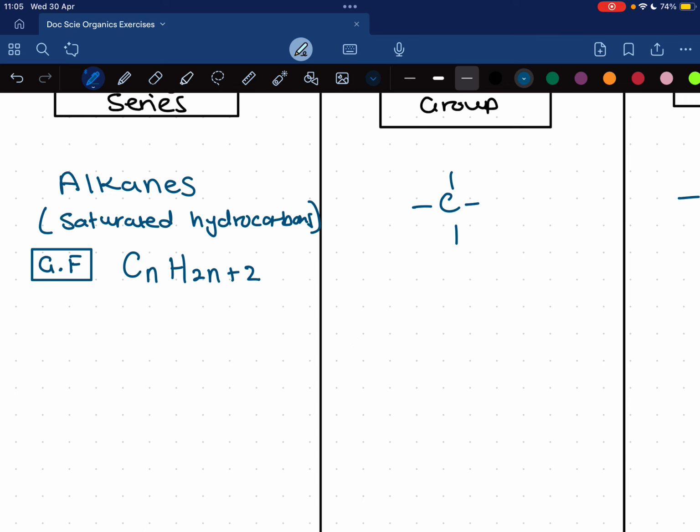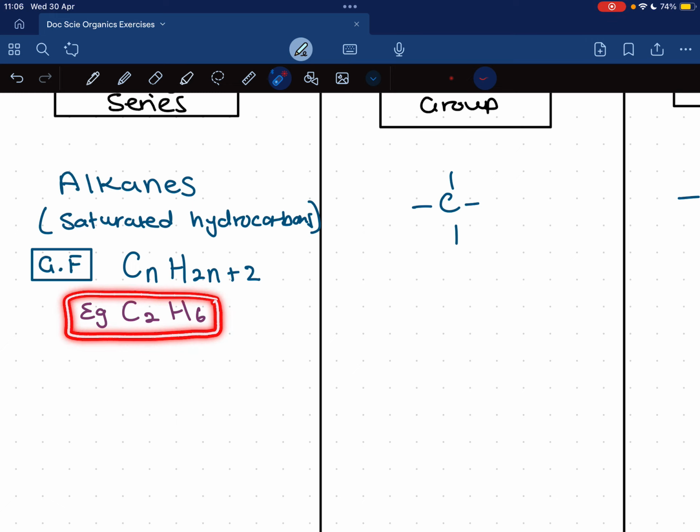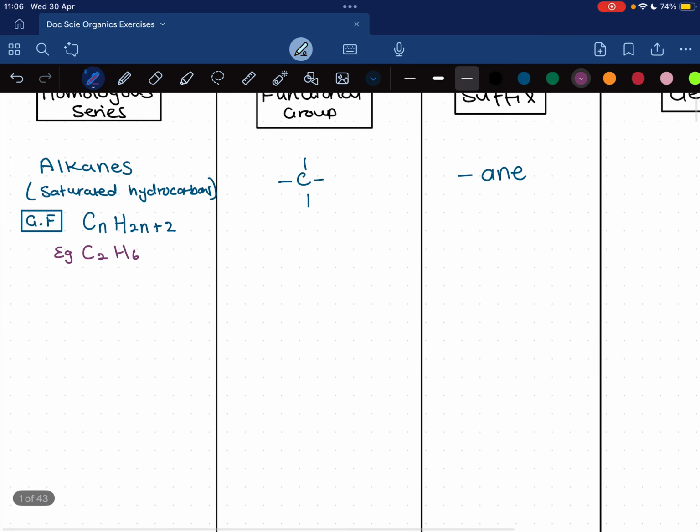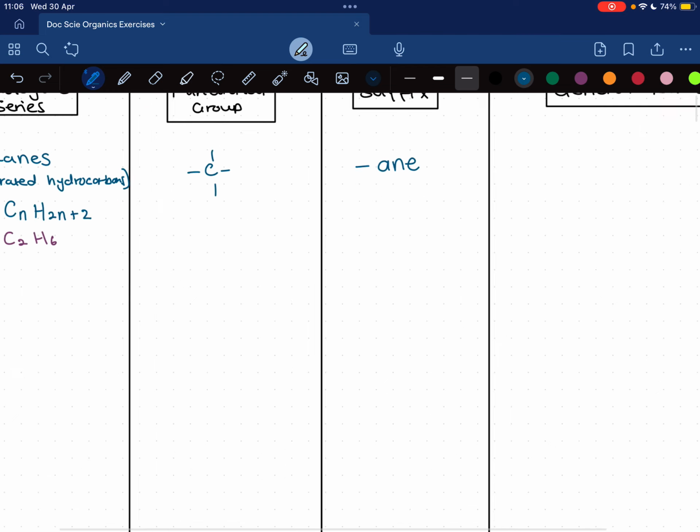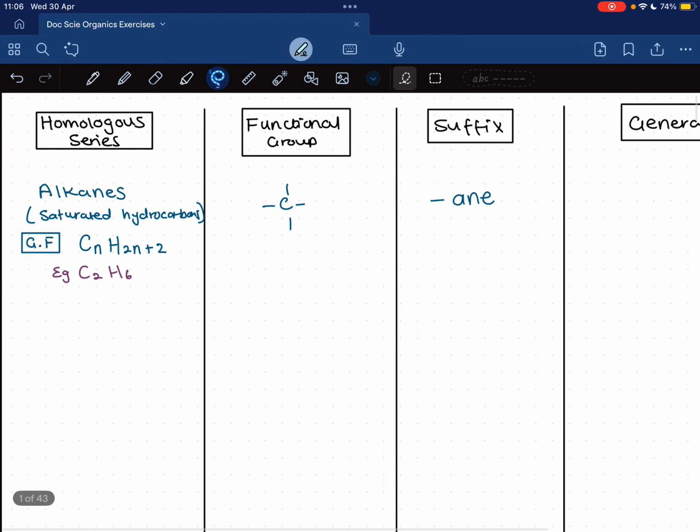For example, if you had 2 carbons, you would say C2H, and then it would be 2 times 2, which is 4, plus 2 is 6. That would be the molecular formula for ethane, with 2 carbons, 6 hydrogens. It's just a way for you to see it, and it's also something that you have to know. So that's the first type, the alkanes.